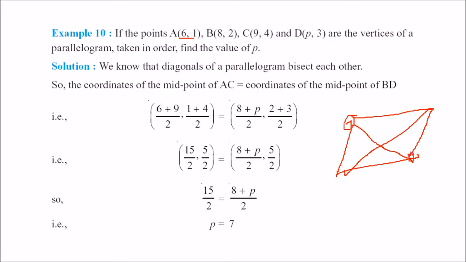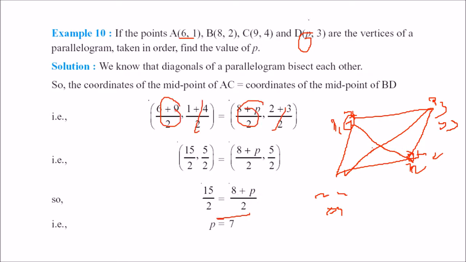So (x1 plus x2) by 2 and (y1 plus y2) by 2 will be equal to, say this is x3, this is x4, (x3 plus x4) by 2 and (y3 plus y4) by 2. So (6 plus 9) by 2, (1 plus 4) by 2 will be equal to (a plus p) by 2, which we don't know, and (2 plus 3) by 2. You don't have to deal with this, because you can equate these two and you can get p equal to 7. So p is 7.